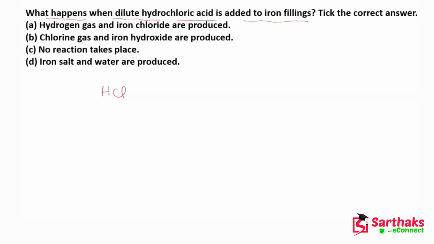When we add iron filings to the solution of hydrochloric acid, we are reacting hydrochloric acid with iron filings. Iron is represented as Fe, that is its symbol.